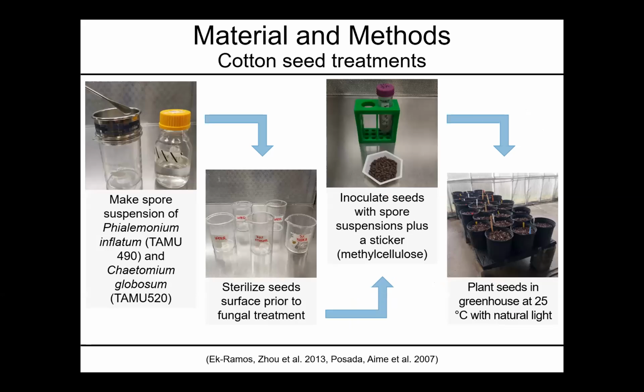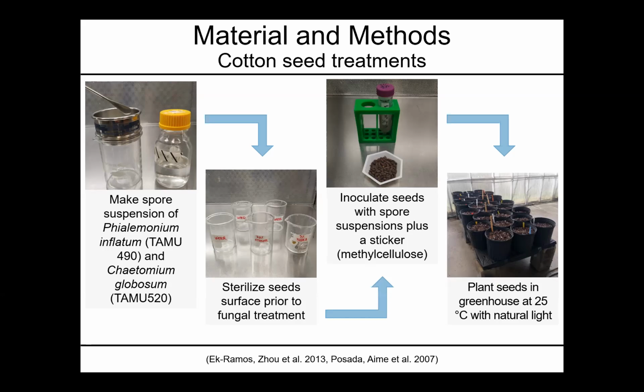The first thing for my methodology was doing the seed treatments. So first I did a spore suspension, and I used 2 species of fungi that we have in our library in the lab. It's Physalimon flatum, that I will call 490, and Ecatomium globosum, that is the 520.